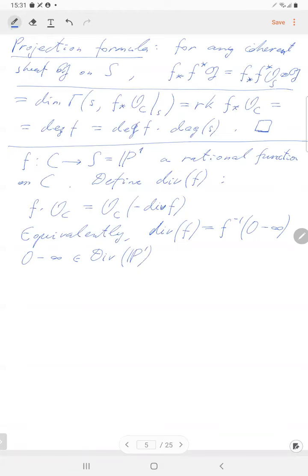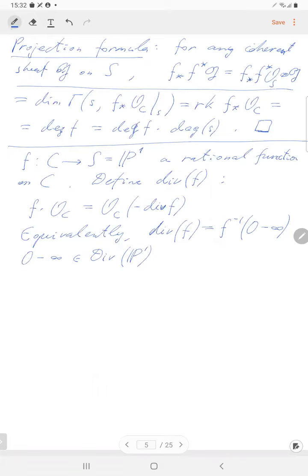Well, just so, the divisor of f is the divisor of zeros minus the divisor of poles, by definition. So that's what you get.